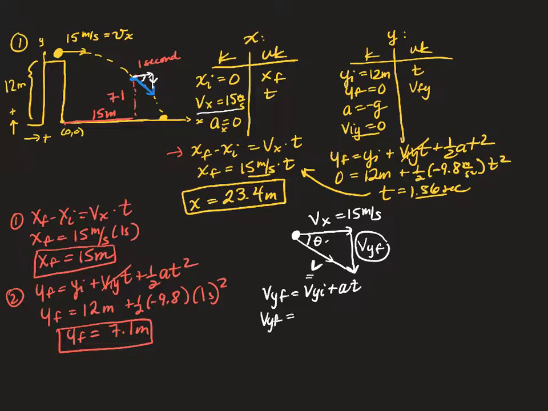Vy final is what we want. Vy initial is still 0. It's still at the very beginning, not moving up or down. Plus a, which is negative 9.8 meters per second squared, times t is 1 second. And you quickly see that the final vertical velocity at that moment is negative 9.8 meters per second.